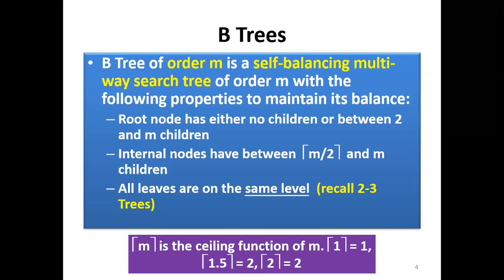If we divide 5 by 2, for instance, we're going to have 2.5, so we have to approximate it to 3. That means the number of items within an internal node should be between 3 and 5. We will see examples to illustrate this in future slides.